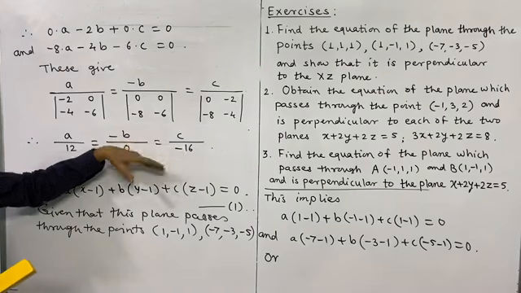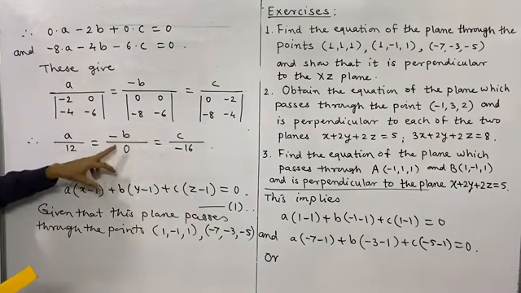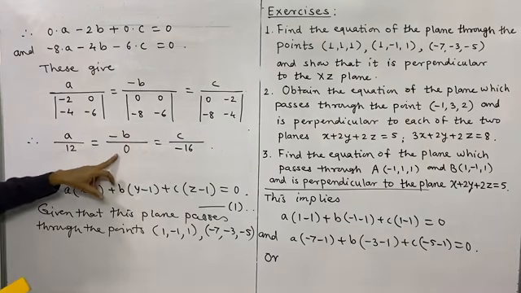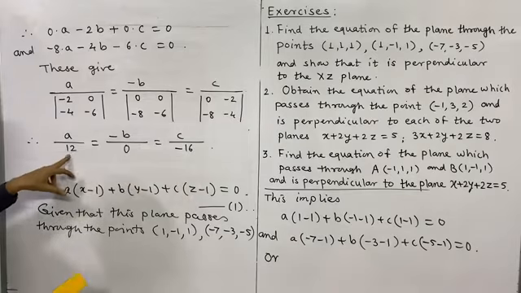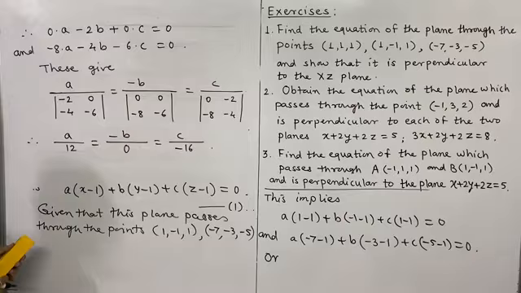Note, these are the ratios, proportions or fractions. So this gives b is equal to 0, and this can be divided by 4, 12 and minus 16.